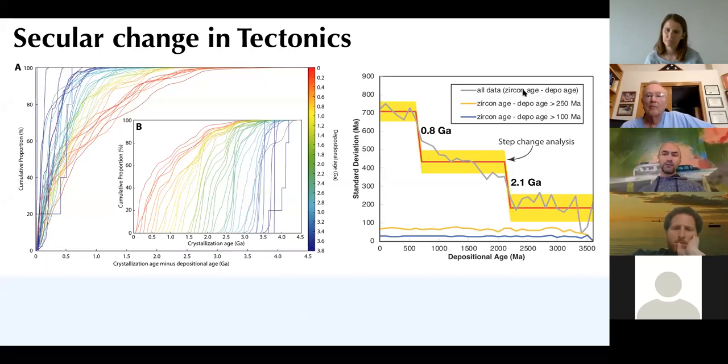If we just take those zircons that were deposited within 250 million years of the age of the zircon, we see that those do not change through time.